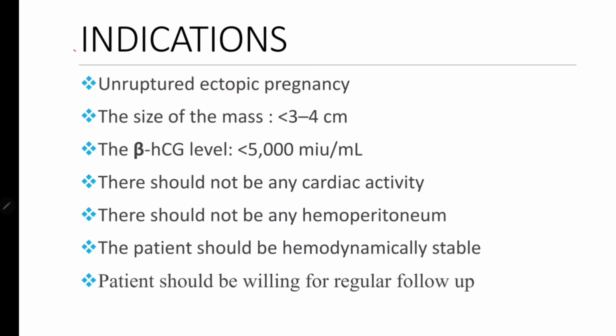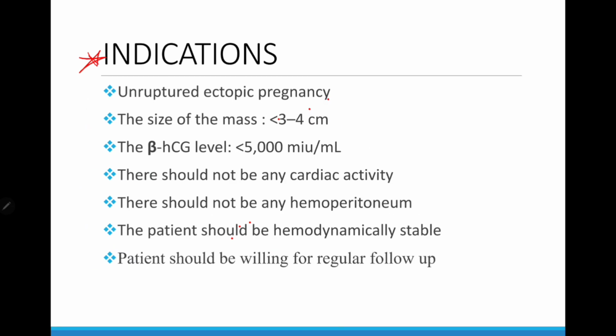Now let's look at the indications for medical management. So what are all the indications for medical management? So the first indication is, as I already mentioned, any unruptured. So you cannot do for ruptured. Only unruptured ectopic pregnancy is an absolute indication for medical management. The size of the mass is usually less than 3 to 4 centimeter.